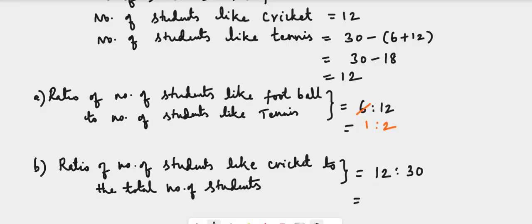That is equal to 2:5. This is the ratio of number of students like cricket to the total number of students.